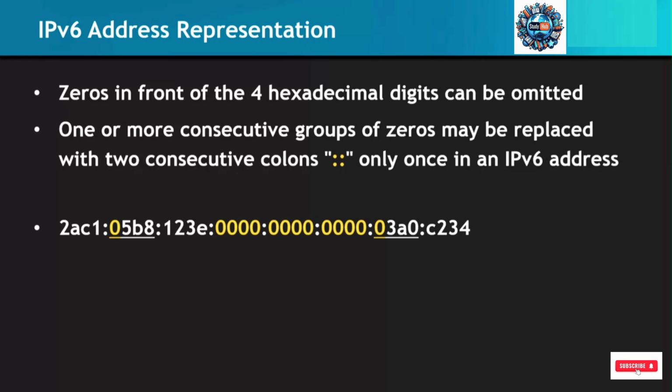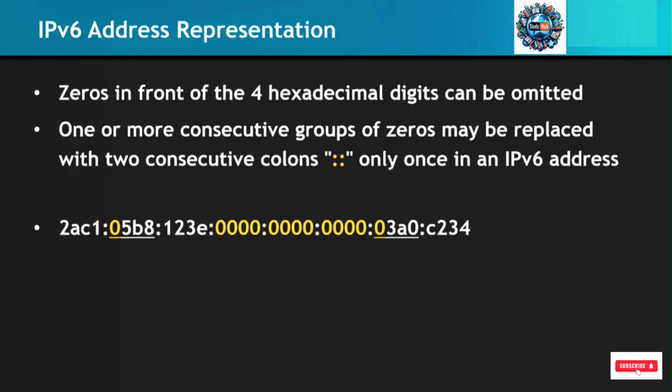For example, look at this address, where on the left side, the second group has 05B8, and there's a 0 in front. On the 7th group, you see that there is a 03A0, where a 0 is in front. So these 2 zeros can be erased, where the 0 in front of the underlined 5B8 will be erased, and the 0 in front of the 3A0 can be erased.